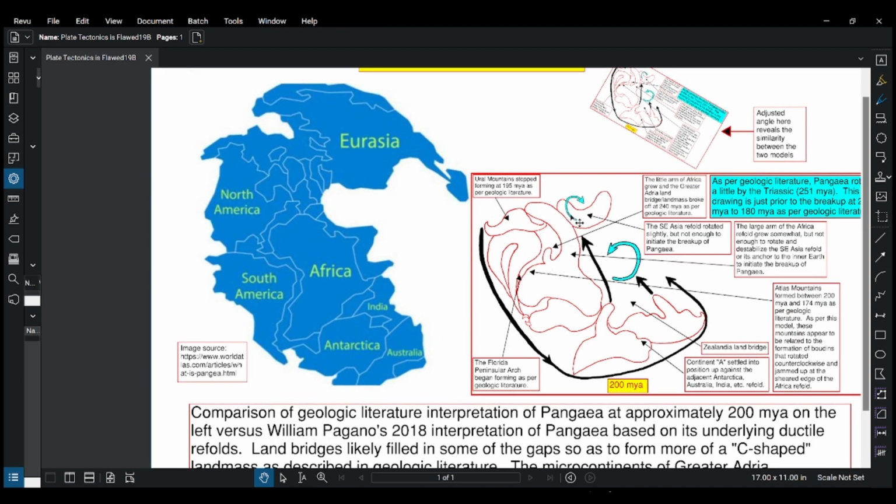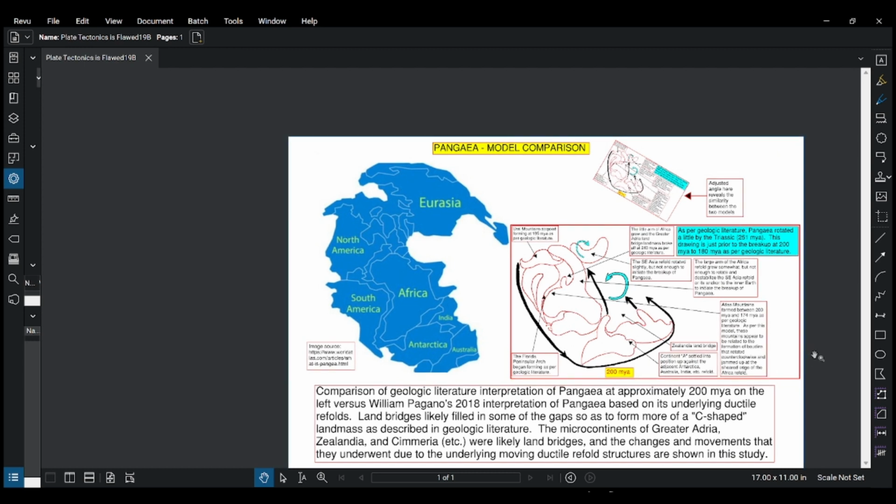So, land masses, they're going to fill in gaps and all with land bridges between land masses. So basically you had even more similarity than what's shown, like the gaps filled in with land. So there's almost perfect alignment here with the refinement of the addition of continent A refold and the arms.